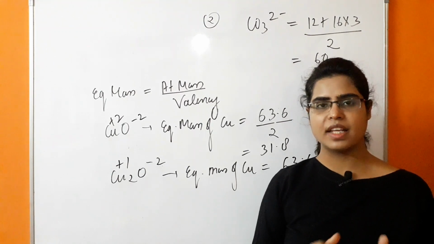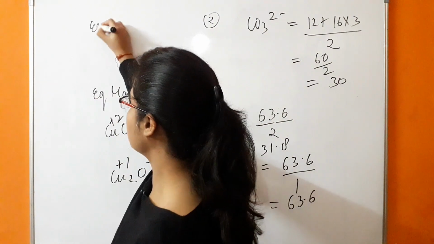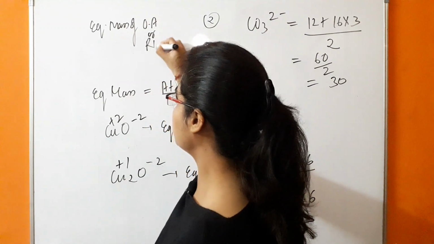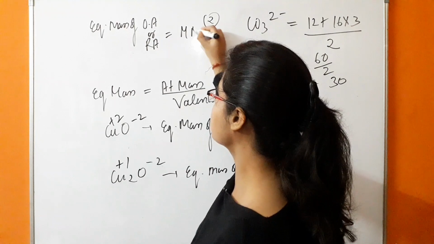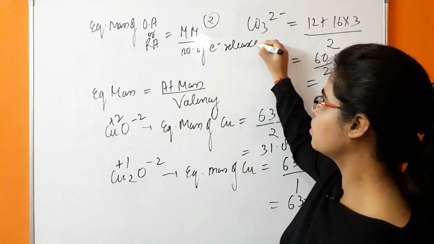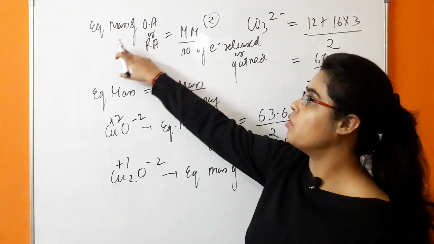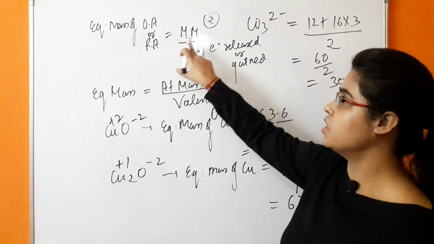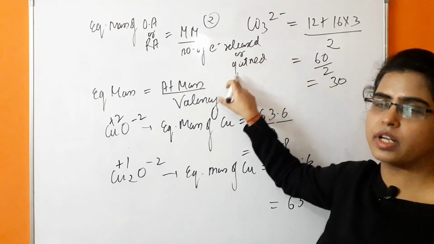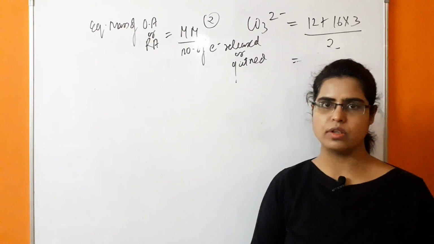Similarly, we can also determine the equivalent mass of an oxidizing or reducing agent. What is the formula used? Equivalent mass of an oxidizing or reducing agent is equal to molecular mass divided by the number of electrons released or gained during the reaction. Similarly, the equivalent mass of an acid and a base can also be determined.